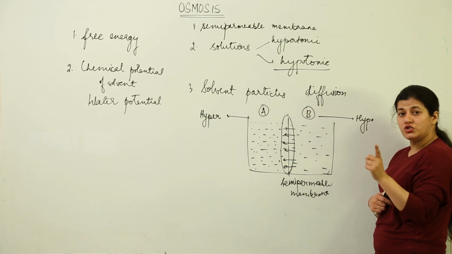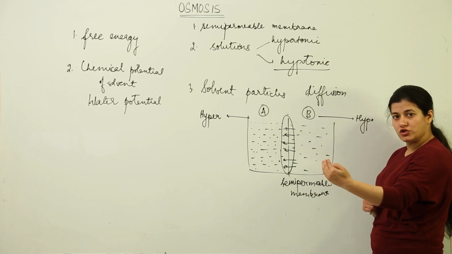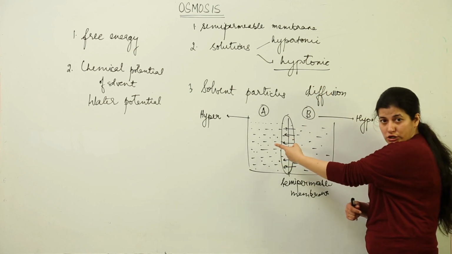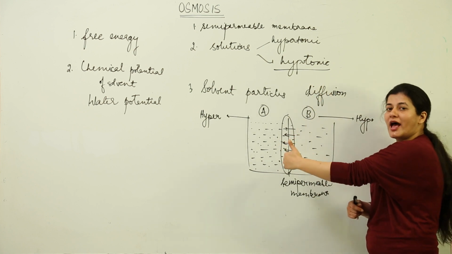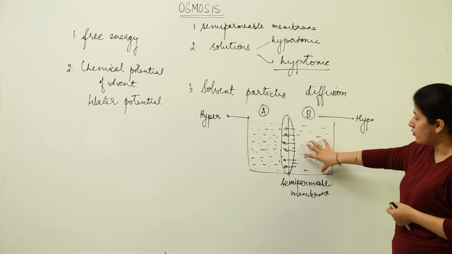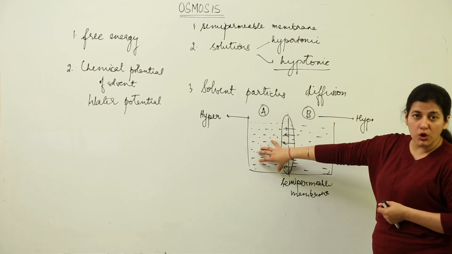That the solution which has higher water potential enables the diffusion of water through the semi-permeable membrane to the solution in contact which has a lower water potential. So the water would move from its higher water potential concentration to the solution which has its lower water potential.